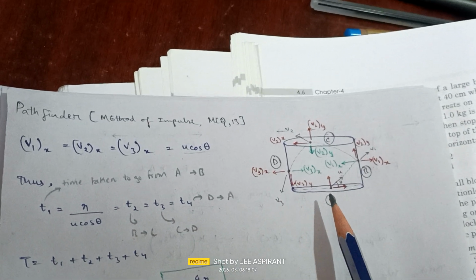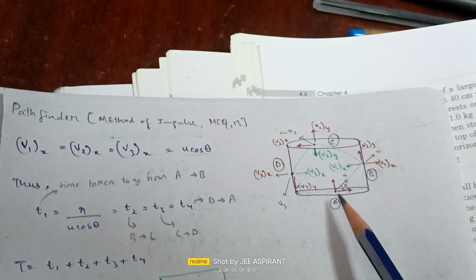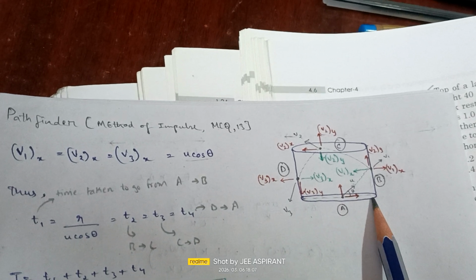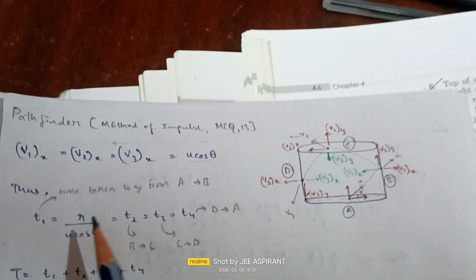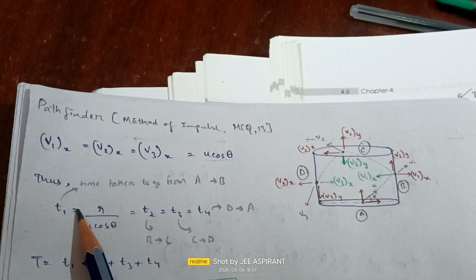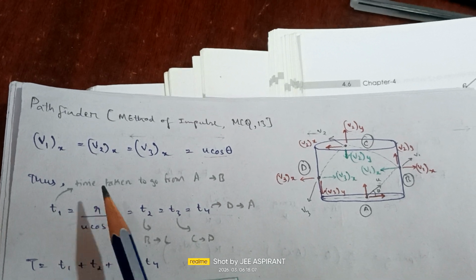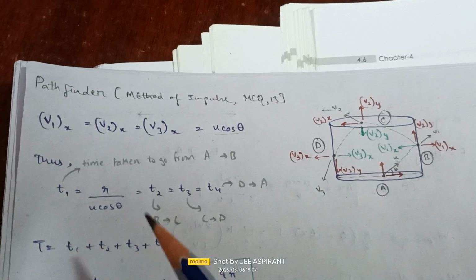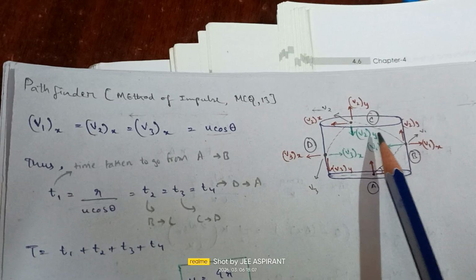So for A to B, let's say at B there is the first collision. In the x direction, the distance is r, so we took t1 equal to r by u cos theta, time equals distance upon velocity. And from B to C, let's say the time period is t2.